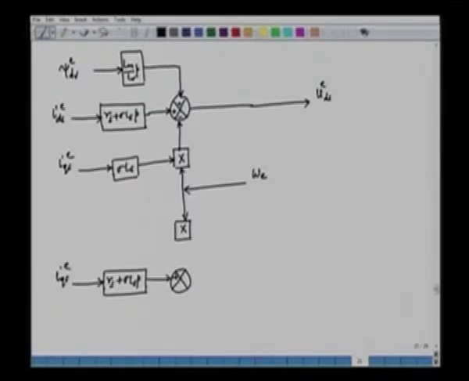This is positive here, this is also positive, and here we have another multiplier, and as we have sigma into Ls here, similarly we have here sigma into Ls, it goes here, and this quantity is IDS.